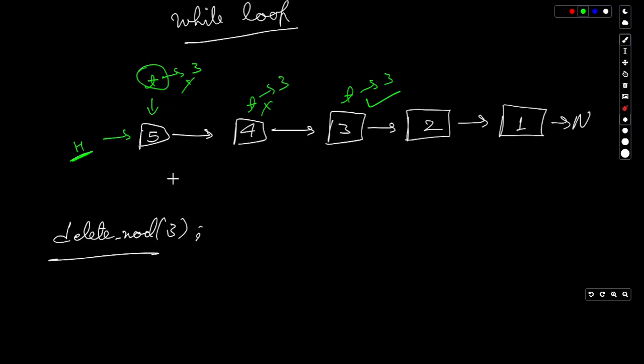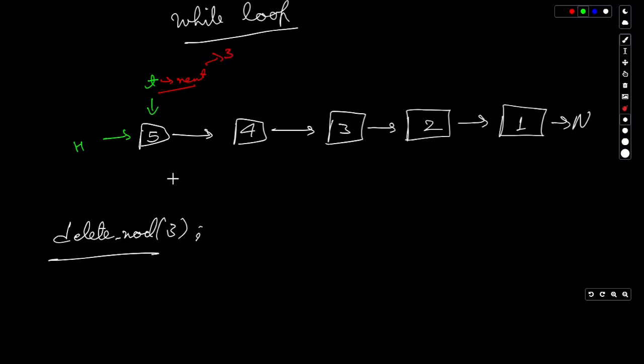To delete this particular node, we will be just playing with the pointers. Okay, so this is actually not how we will be doing it. I'm so sorry. The thing over here is that we will check temp's next, if it is equal to 3.